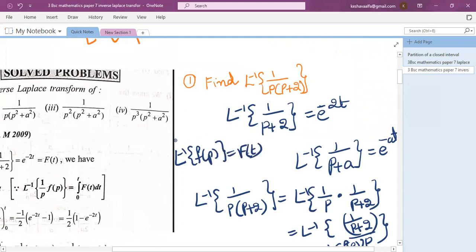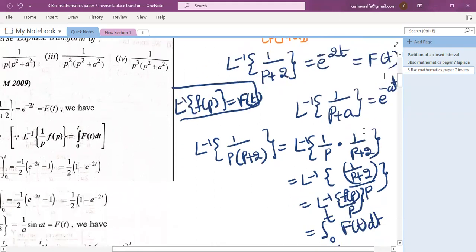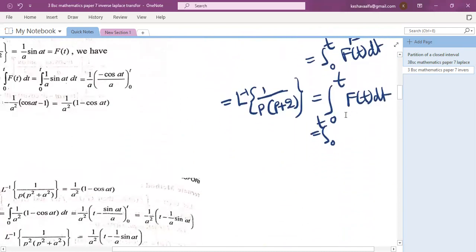So our f of t is e power minus 2t. So the integral 0 to t f of t dt is equal to integral of e power minus 2t dt.